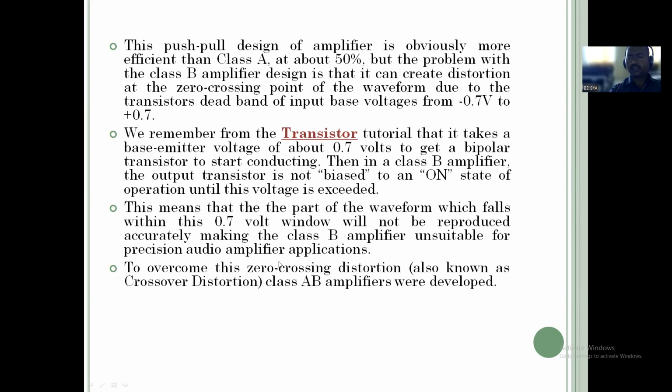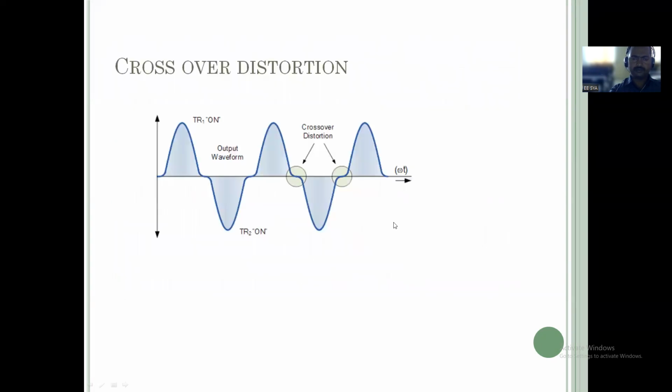So that's why a class AB type of amplifier should be designed, which reduces the effect of class B. See, this is the diagram of the class B type of amplifier. When we transition from 0 to 1, during that portion there should not be any output signal coming, right?